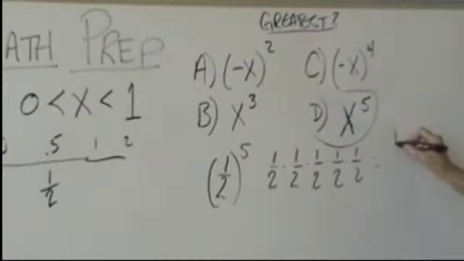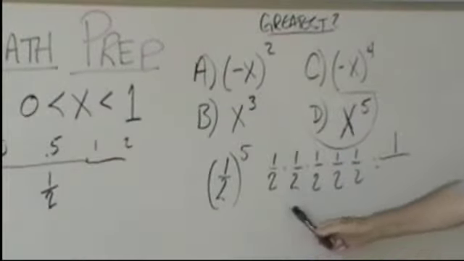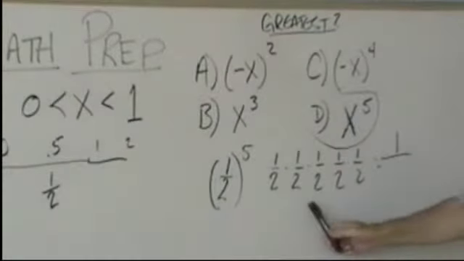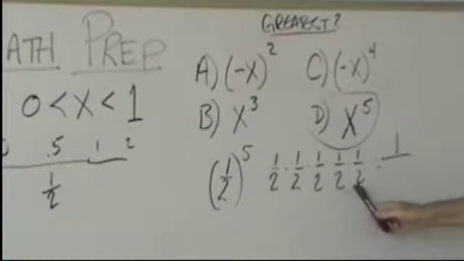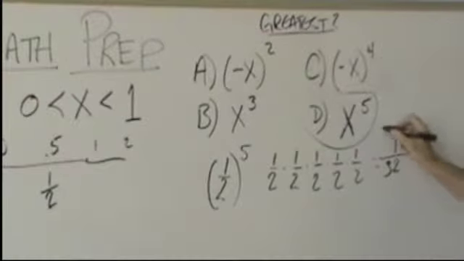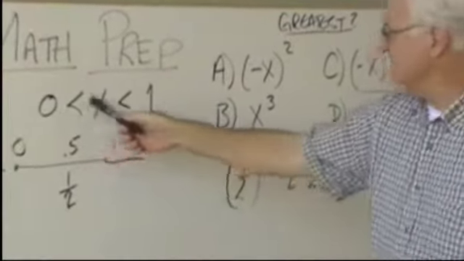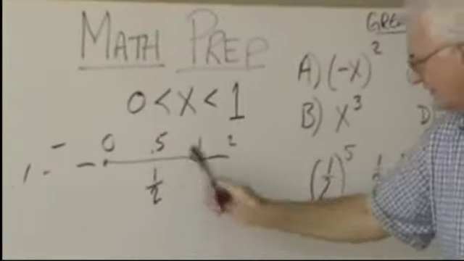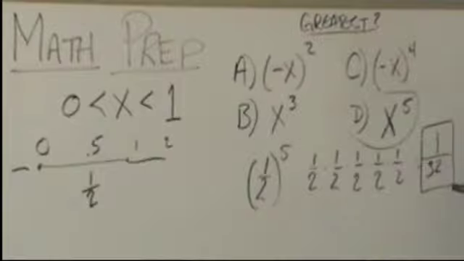On top it's 1. Good. 2 times 2. That's right. Times 2. That's 8. You're right. 8 times 2. That's right. 16. 16 times 2. You geniuses. If you take a value between 0 and 1, like a fraction of 1/2, 5 times, you have 1/32.